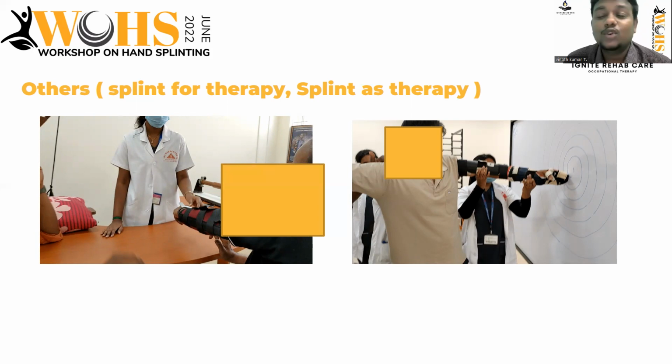There's an interesting story behind this splint also. As we practiced this method on him, within 2 days we started seeing change in his synergy patterns. He said, "Sir, I am able to do yogas now. My wrist is cooperating with me when I'm doing yogas. So thank you for your ability." It's the same as the other patient.